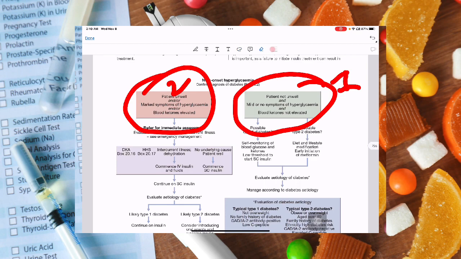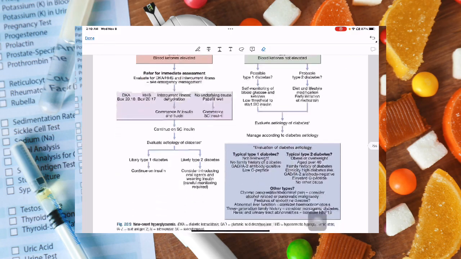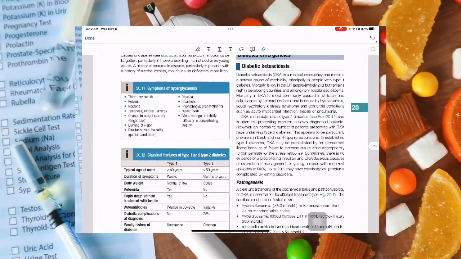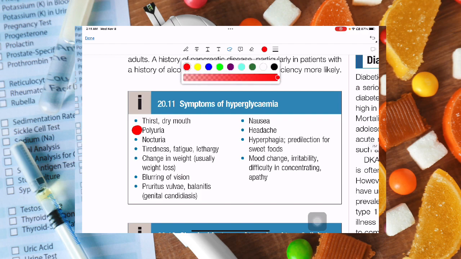So now again I am going to look at what the signs and symptoms of hyperglycemia are. Everybody of us knows the signs and symptoms of hyperglycemia. The cardinal symptoms of hyperglycemia are polyuria, nocturia, then polydipsia, then tiredness, fatigue, lethargy, changes in weight, blurring of vision, pruritus, itching, and infections at multiple sites of the body like genital candidiasis, balanitis.